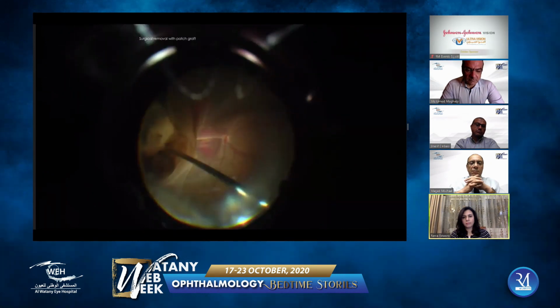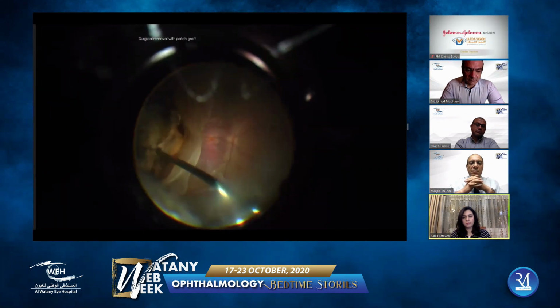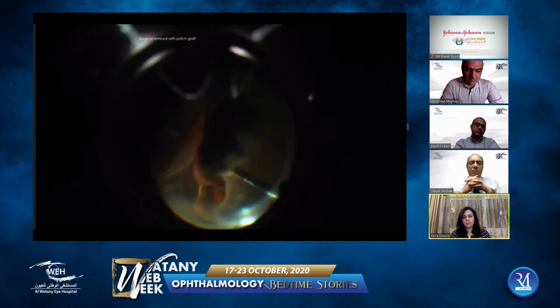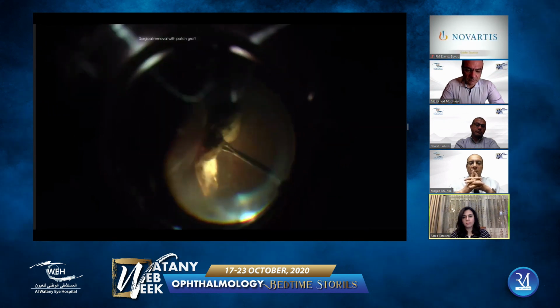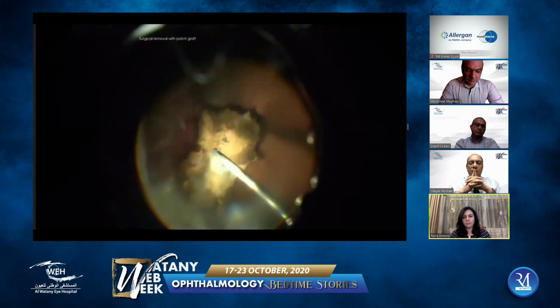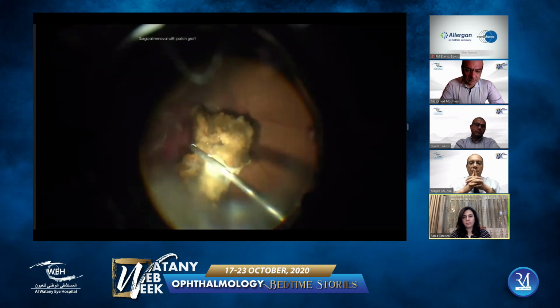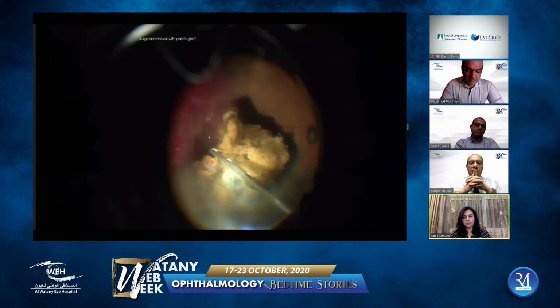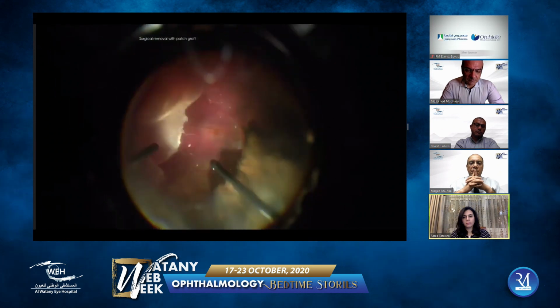With good grip and manipulation of the retinal forceps, I succeeded in delivering this mass out and placing it on the surface of the retina, and then injected a bubble of PFC to displace this mass away from the retinal surface.